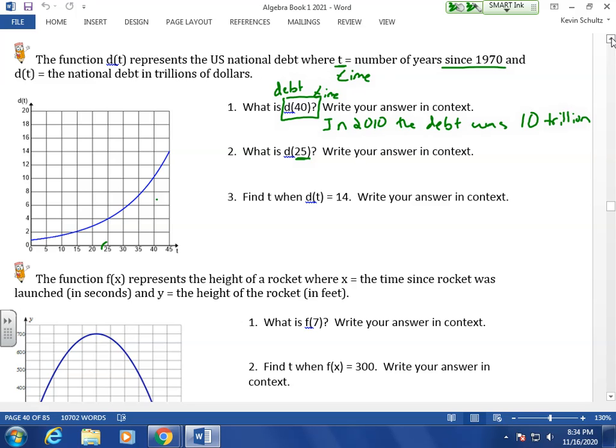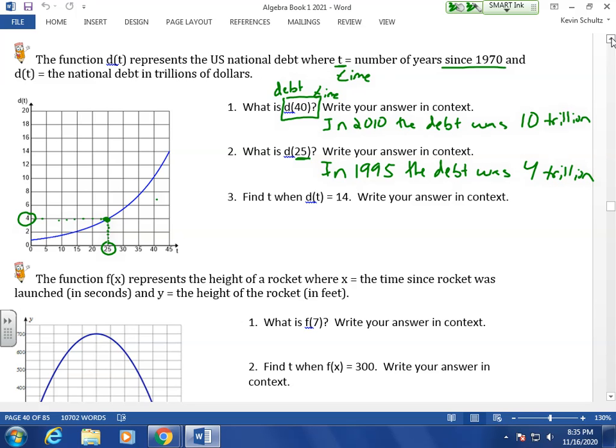And we're looking at 25, and we're seeing what y value or what debt corresponds with that. 4. So in context, in 1995, which is 1970 plus 25, right? 25 years after, in 1995, the debt was $4 trillion.